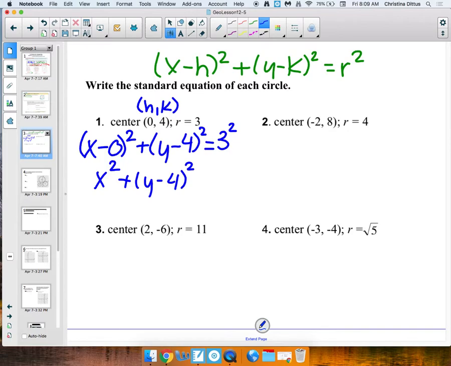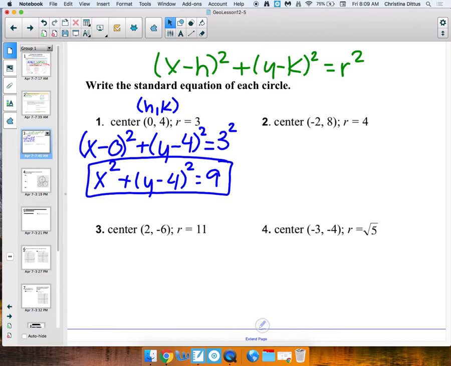Last thing to simplify is our r squared. What's it called? 9. That is our standard equation of a circle that has center 0, 4, and radius 3.